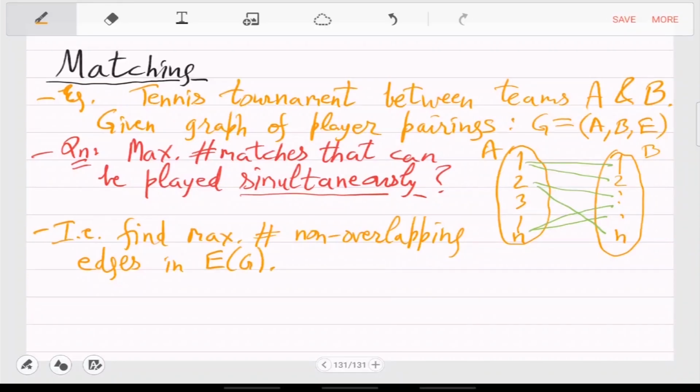Right, so this subset that you are looking for, this is called a matching. It's a matching from players A to players B. It may not cover all the players, but we want maximum, so it is called a maximum matching.